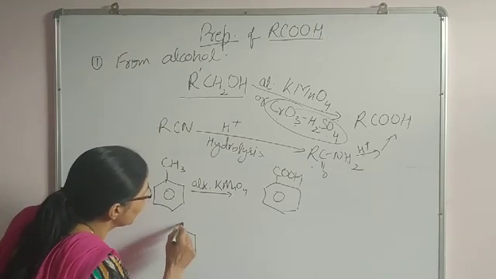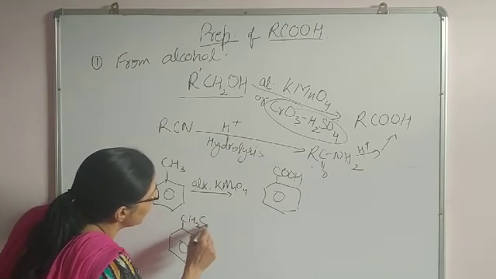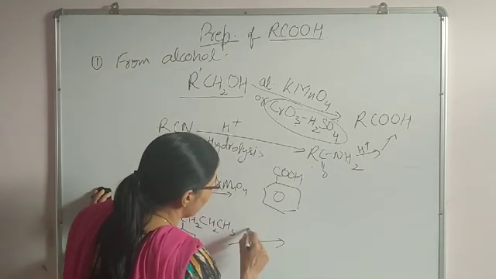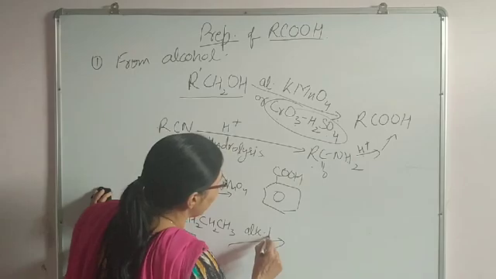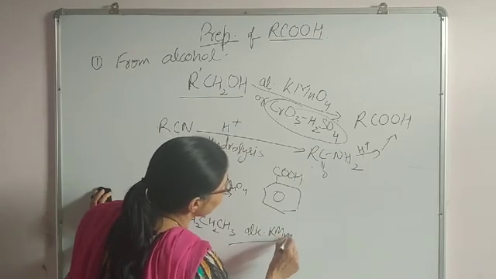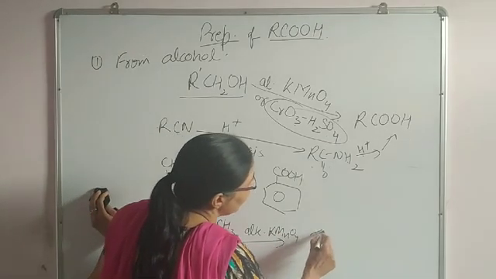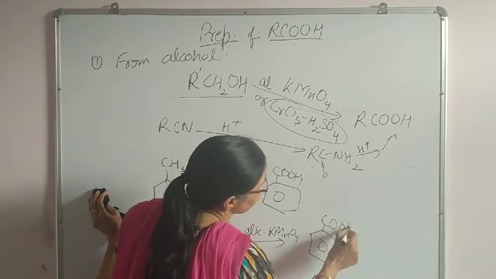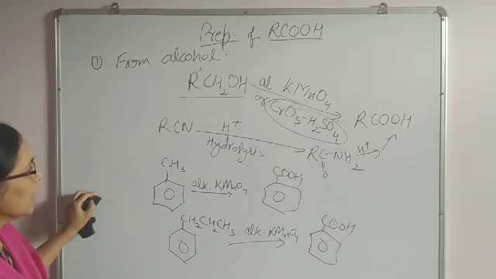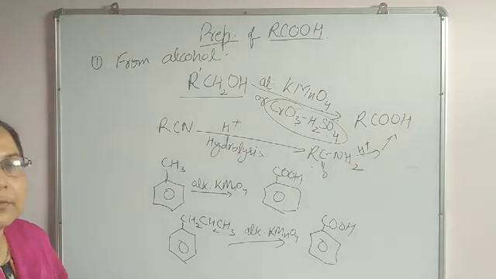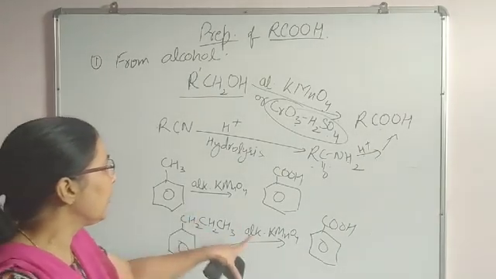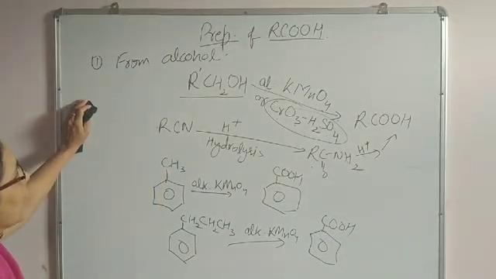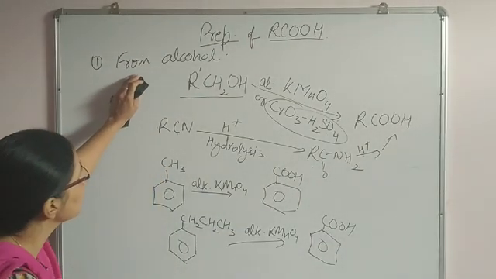Any R group, 3 carbon or 2 carbon containing, that you take with alkaline KMnO4, there will always be formation of benzoic acid. So don't forget that any alkyl benzene, when reacted with alkaline KMnO4, forms benzoic acid. Now some more methods in the row.